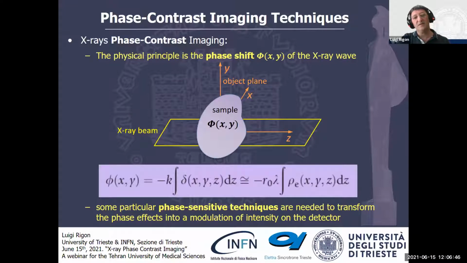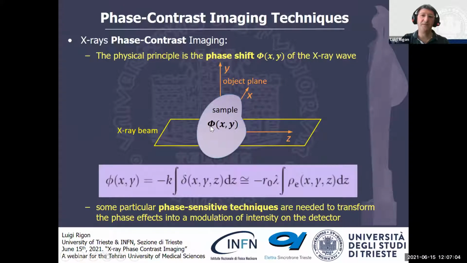So the idea is that we should use these phase shift effects to do imaging. And this is exactly the idea of X-ray phase contrast imaging. So the principle is that the object introduces a phase shift in the beam.